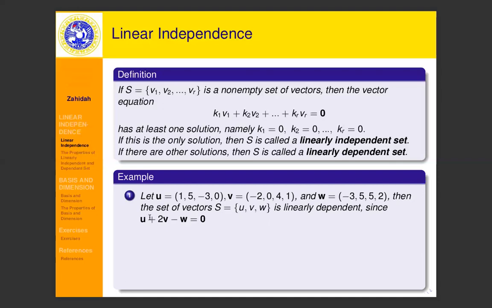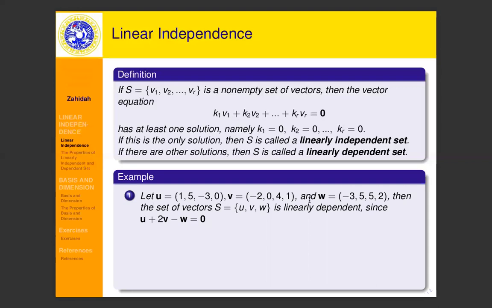We get the solution k1 equals to 1, k2 equals to 2, and k3 equals to minus 1. So it means the solution of the system is not only the trivial solution. We have another solution. That's why we say set S is linearly dependent.